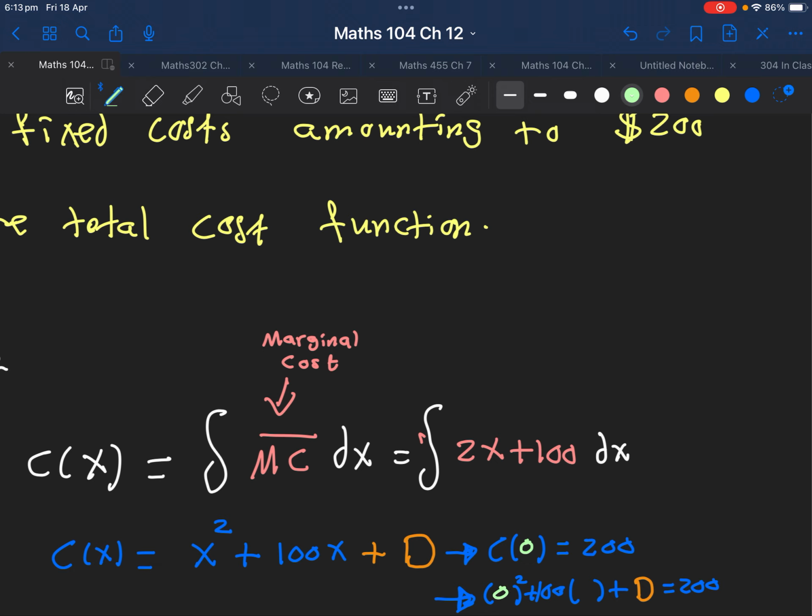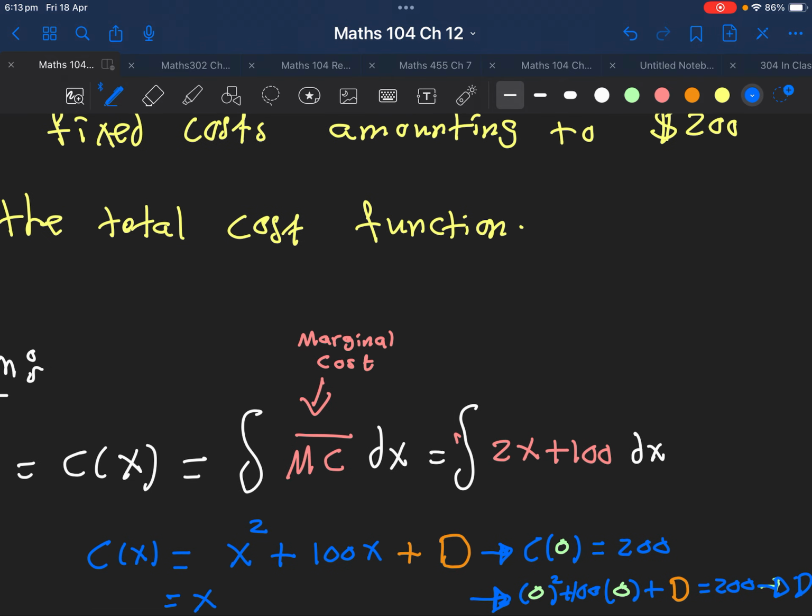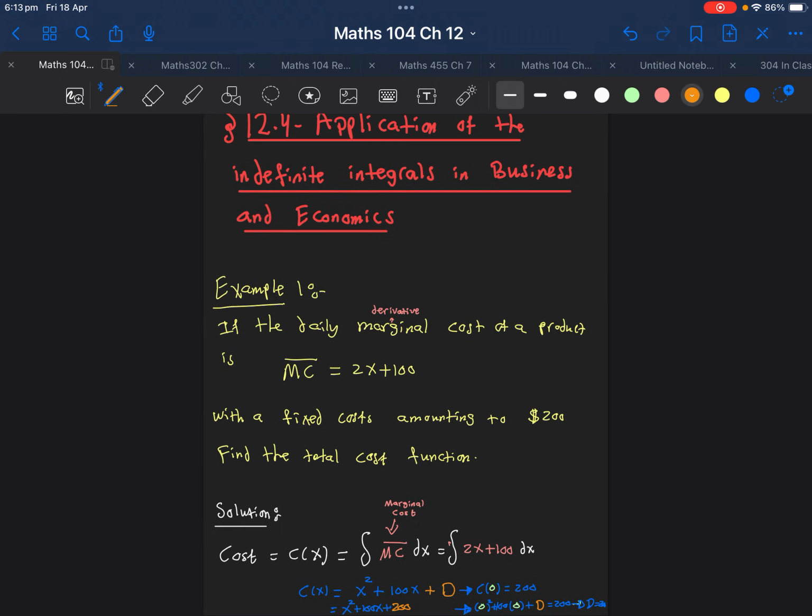Now, if we plug in 0 here, of course, 0 squared is 0, 100 times 0, 0. So how much d? D is just 200. So d equal to 200. So the final answer, if I'm writing it here, would be x squared plus 100x plus 200 for the cost of x. And that's how we find the cost function.